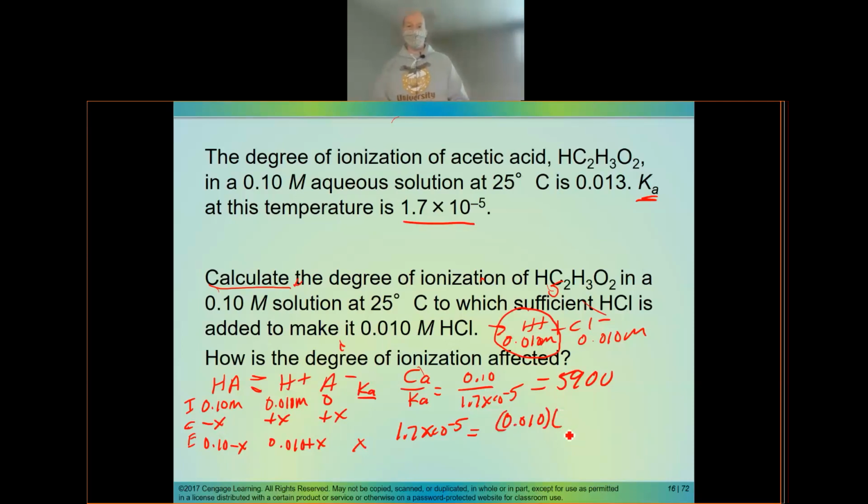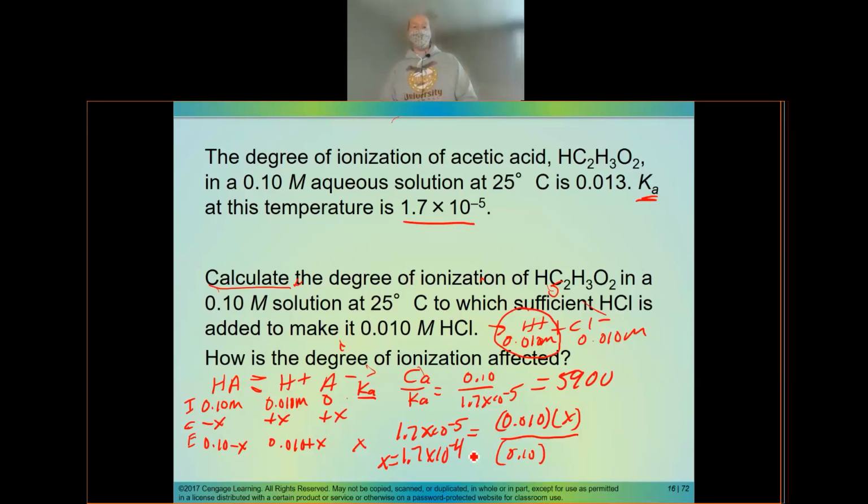We can ignore the plus x, times x, divided by 0.1 minus x. We can ignore any plus or minus x. The x value is so small, it is not going to change it. And so we get an x value of 1.7 times 10 to the minus 4. All right, so that is x.